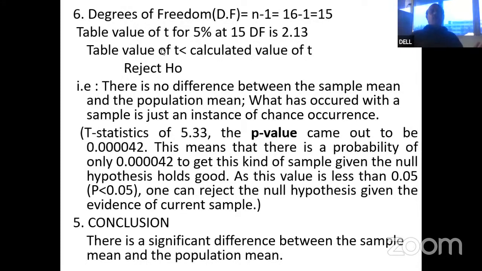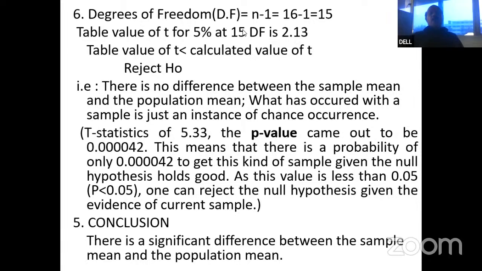Or 1% or 10%, based on your test requirement and accuracy. We have to compare the critical value based on that level of significance only. So here I assumed 5%.